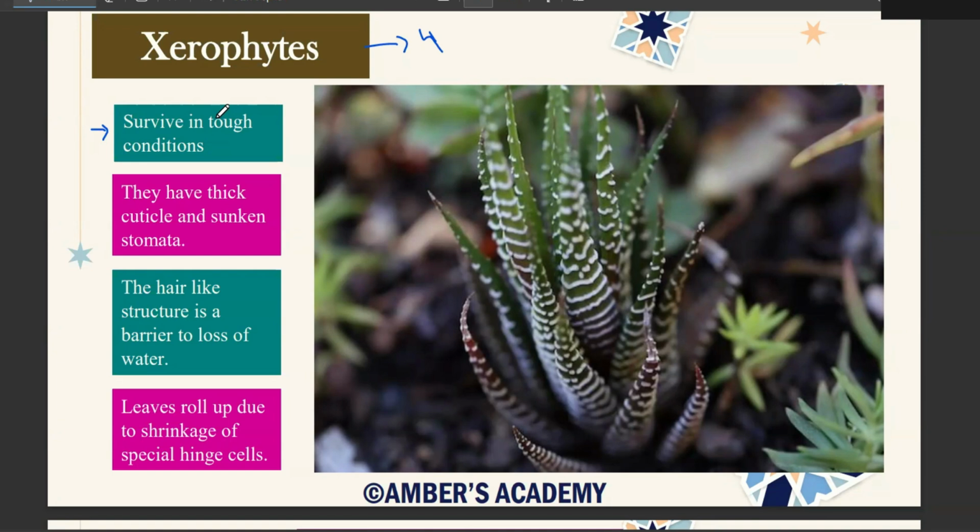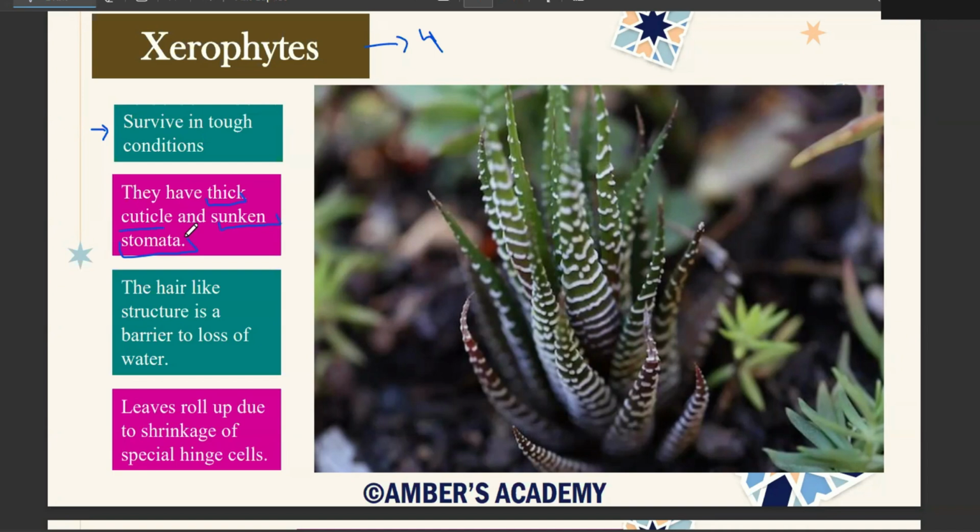Okay, this is a tough condition, and how they can live in such adverse conditions is because they're adapted in a manner that they have a very thick cuticle. The thick cuticle is there to prevent excessive water loss. Then the stomata is sunken. So the stomata is not on the surface; it's really inside the lower epidermis in order to prevent transpiration.